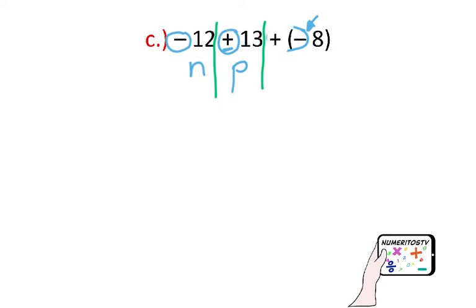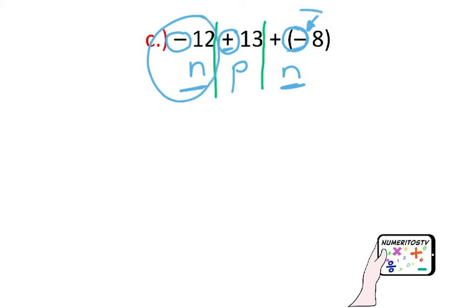So we can forget about this one because we are just focusing in the one in front, negative 8. So in this case, we can join or add all the negatives because remember that the negatives are friends. So we are going to add all the negatives. That's one way that we can do it.